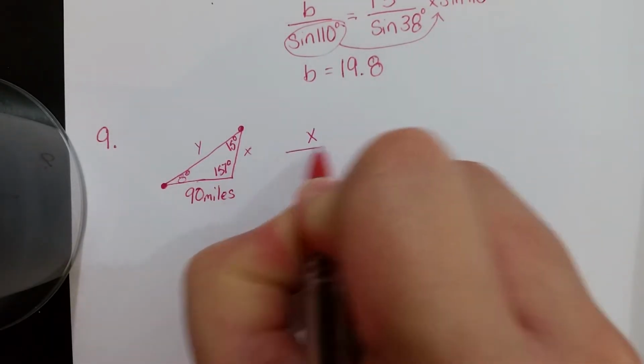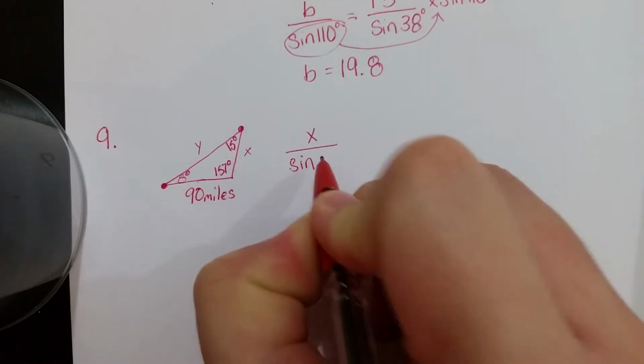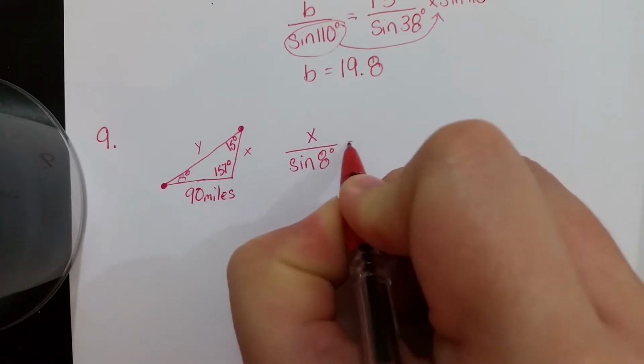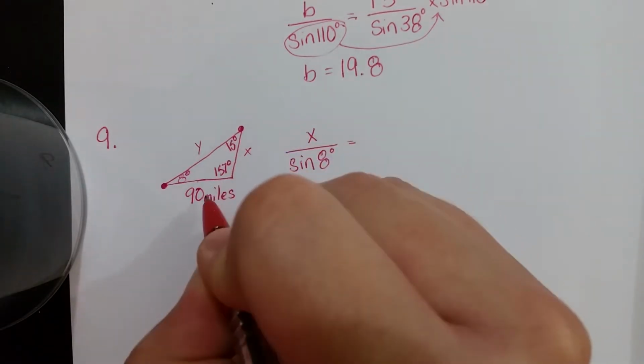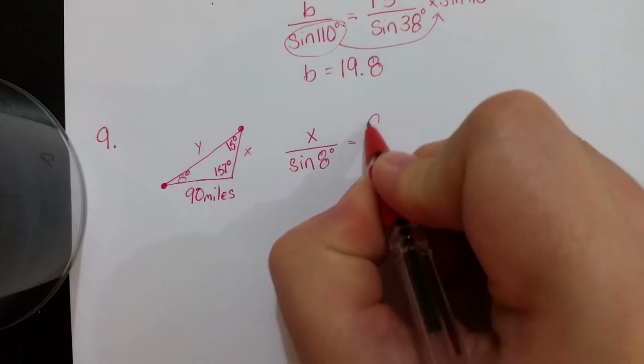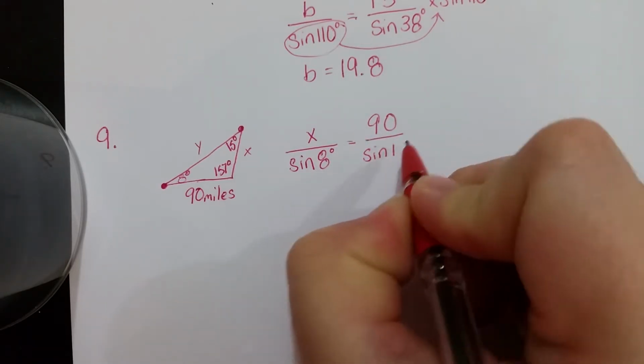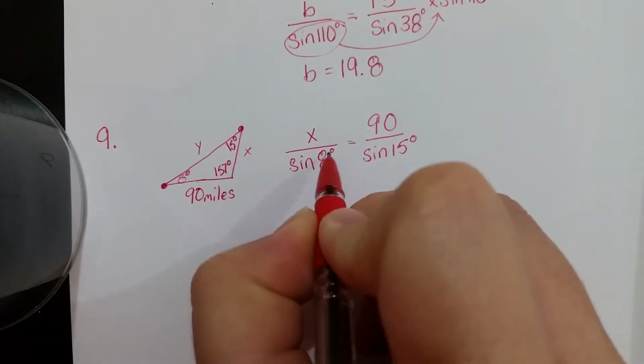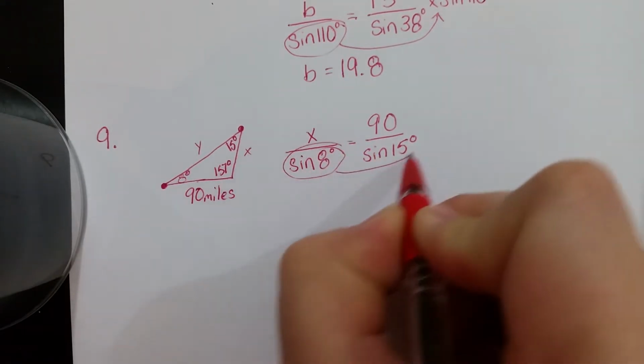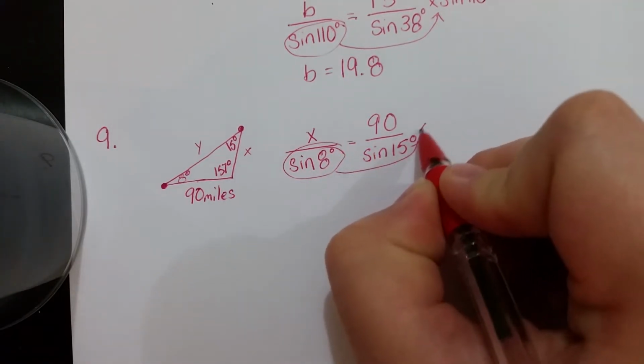So we'll have X over sine of 8 equals, and you have to use a pair where you have both, so 90 over sine of 15. Okay, take this sine 8, multiply over here.